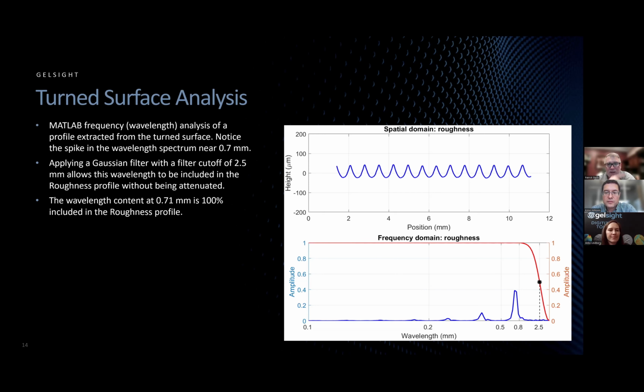All profiles are made of a combination of sine waves, so the predominant sine wave or wavelength in this particular measurement is at 0.7 millimeters. Setting the Gaussian filter to a 2.5 millimeter cutoff allows that particular wavelength to pass through into the roughness profile.